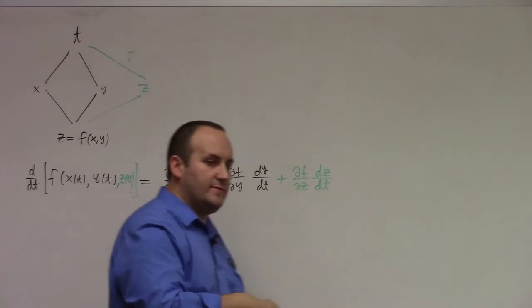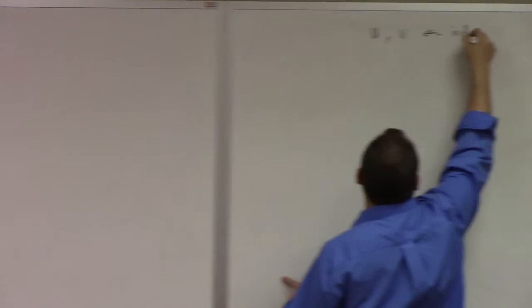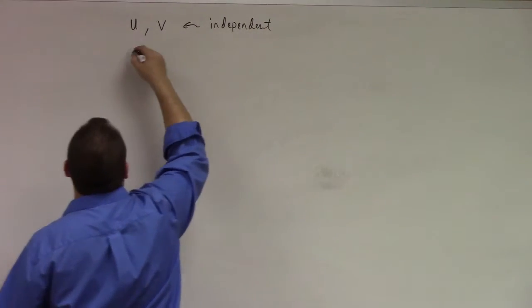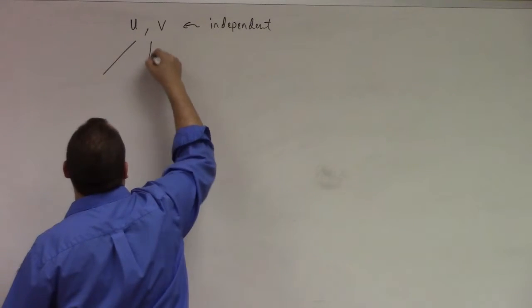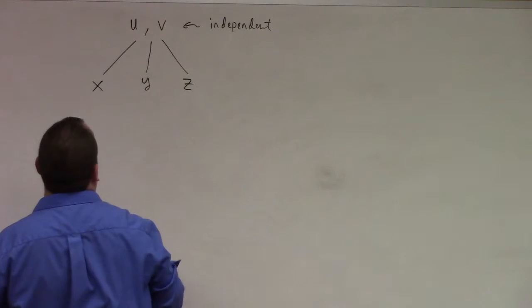How about if I have more than one independent variable? What if I've got, say, a variable u and a variable v? These are both independent. Right? And then maybe I have intermediate variables x, y, z. Right?